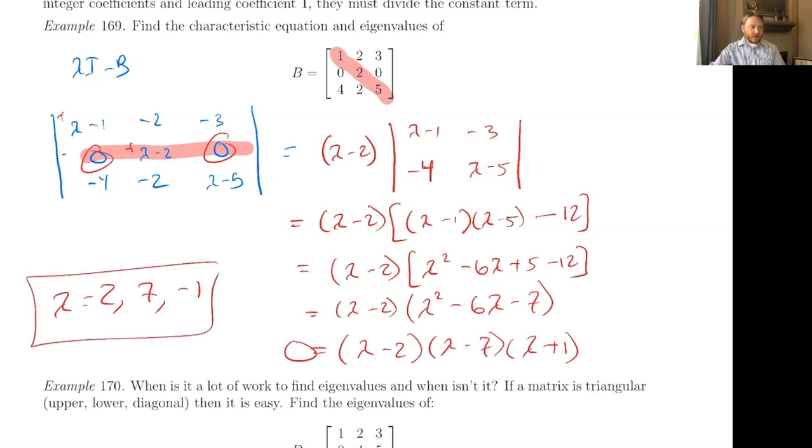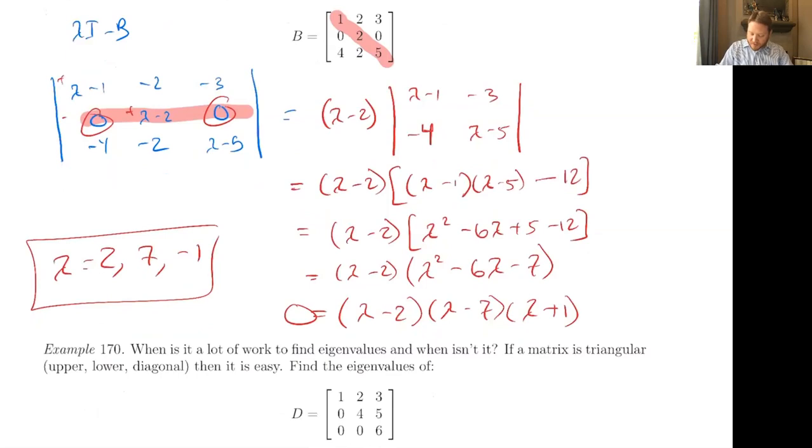Now, this was fairly easy to factor this time because I had a row of zeros. Because I had a row of zeros, it essentially factored out one of the things already. Had I gone along the first row, it would not have been as nice, and it would have required me to do some expanding and some factoring, and it would have been kind of yuckier.